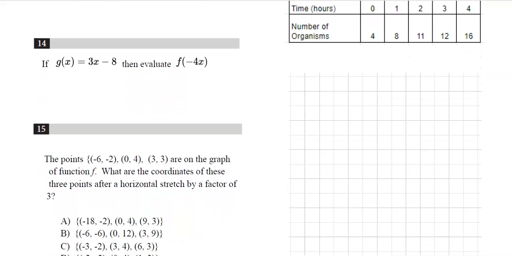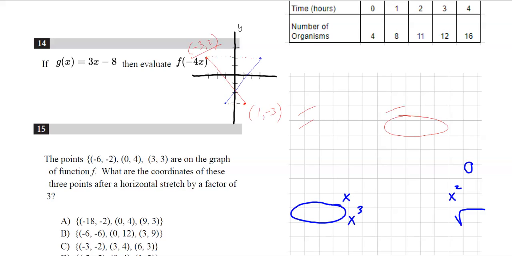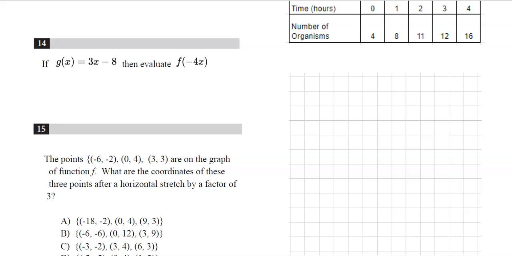So we kind of put this on the grid, and this grid isn't that big, so I'm going to kind of improvise a little bit. Sometimes you have to do that. Sometimes your numbers are big and you have to change the scale a little bit. So let's just go like this. On the bottom, I have to go to 4, so maybe I'll just do 1, 2, 3, 4.